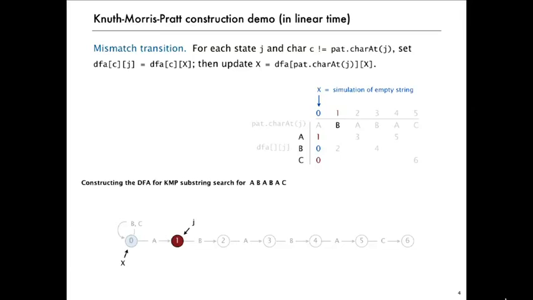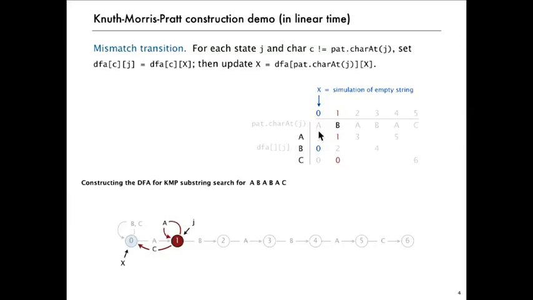So now what we need to do is fill in the mismatch transitions for state 1. What are they? They're what would happen if we found those characters and we were in state X. If we found an A, we'd go to state 1. If we found a C, we'd go to state 0.